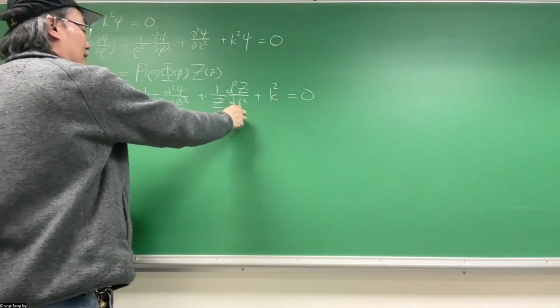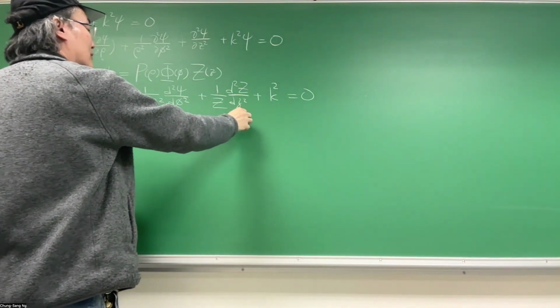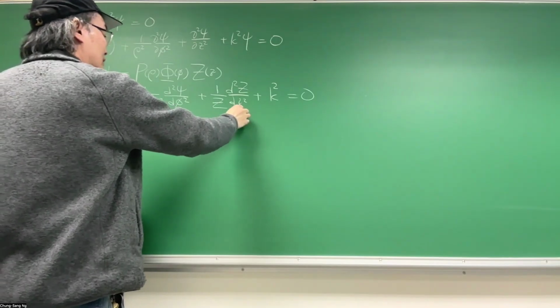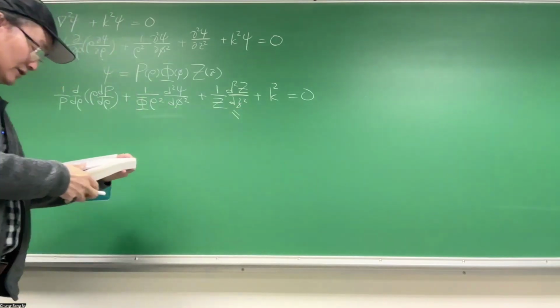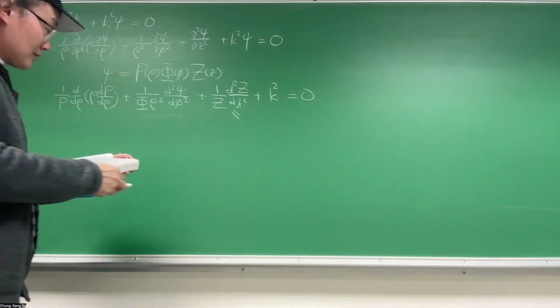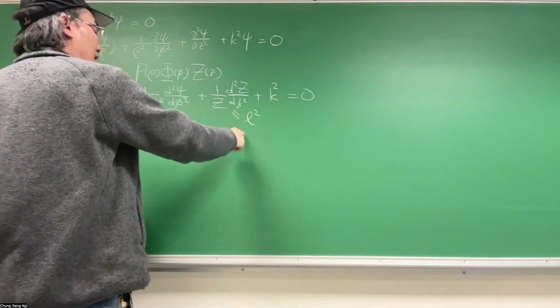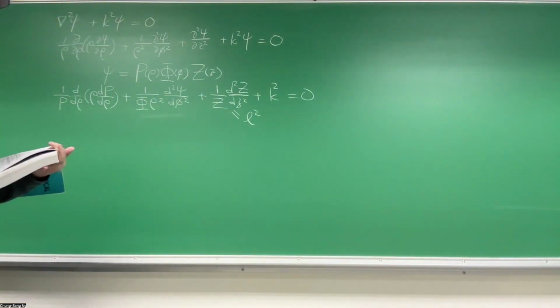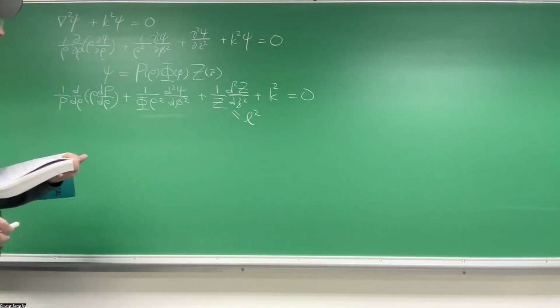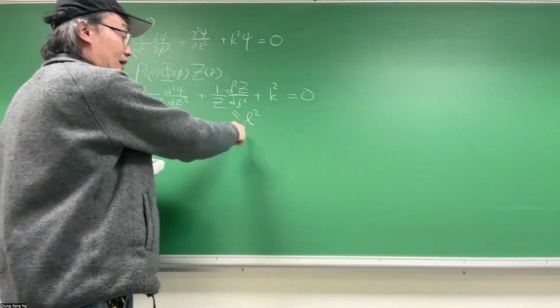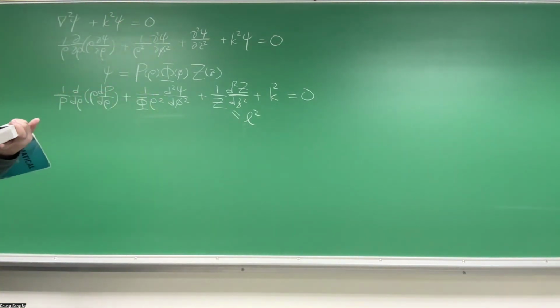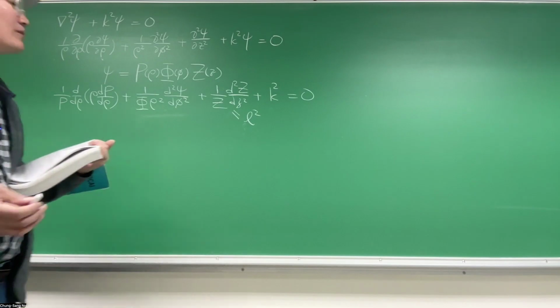The first one is this z term. Like last time, we assume it's just a constant, and I think we assume it to be L squared. Last time there was a negative sign, but we already said that whether it's positive or negative doesn't matter. We choose whether it's positive or negative according to the problem. Sometimes it's positive, sometimes it's negative.